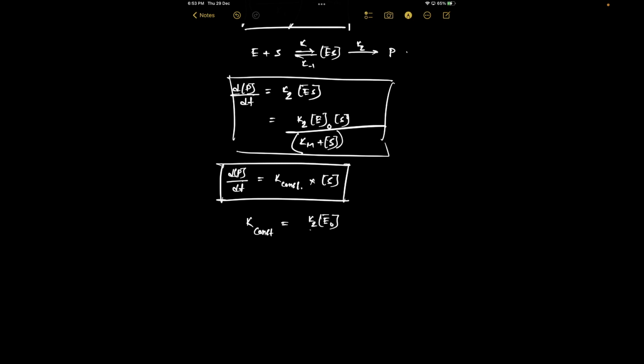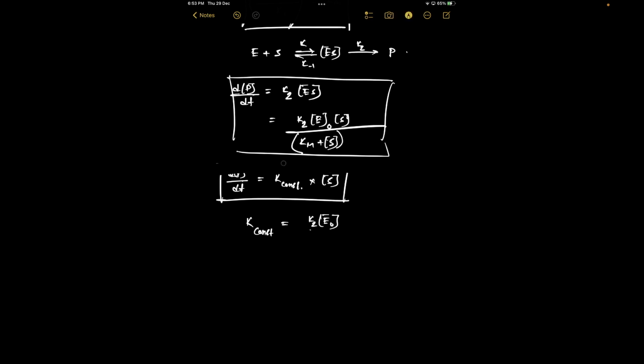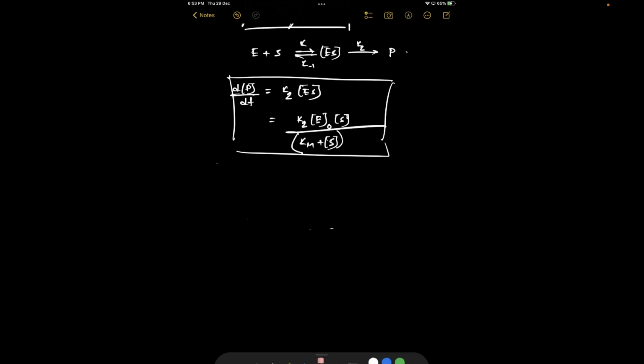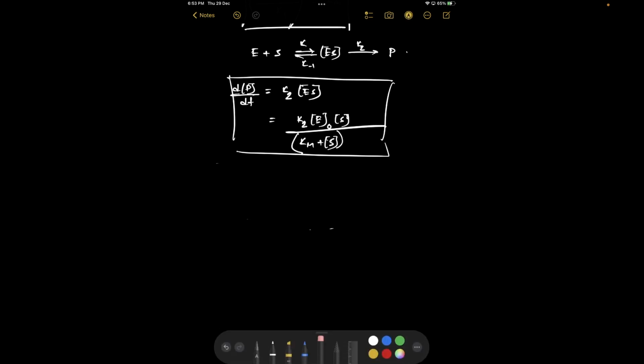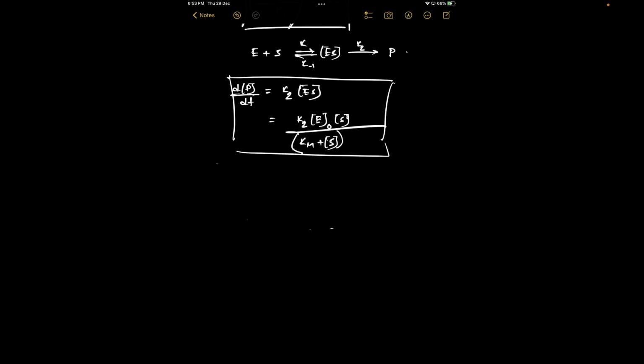No, you cannot write this. This is in different conditions. So basically dP/dt will be k2 times E0 times S divided by Km plus S.